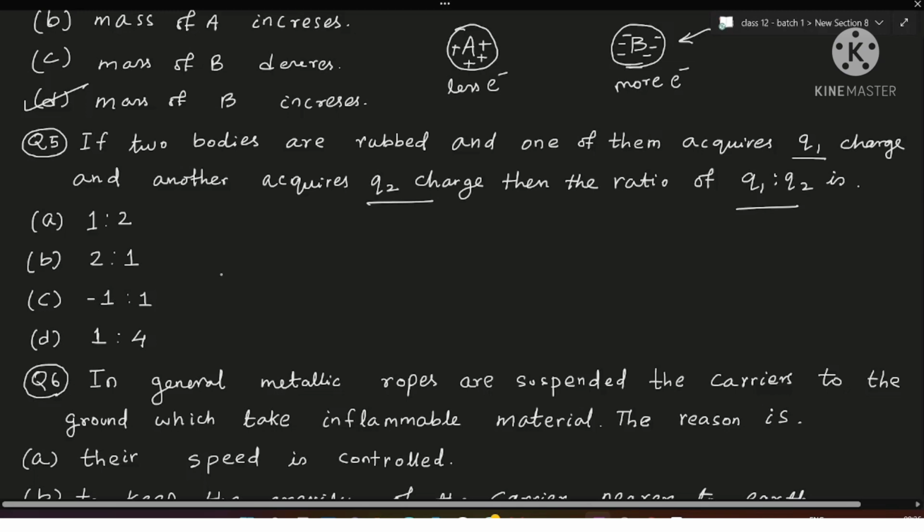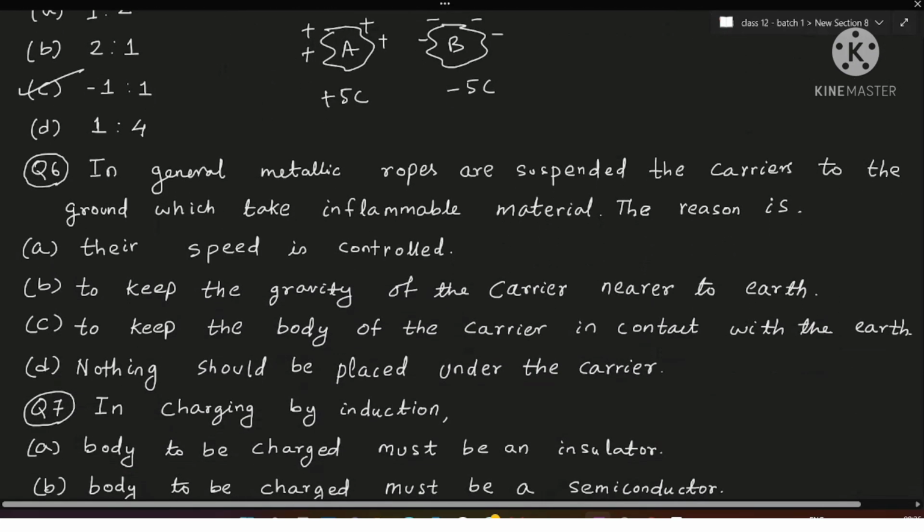So obviously when the two bodies are rubbed against each other, suppose this is body A and this is body B, when we rub against each other, one of them will attain a positive charge whereas the other one will attain an equal amount of negative charge. Suppose this is plus 5 coulomb, then this will be minus 5 coulomb, so the ratio is going to be minus 1 to 1. Option C will be correct. Okay, now the next question.